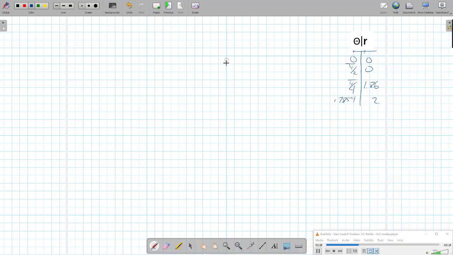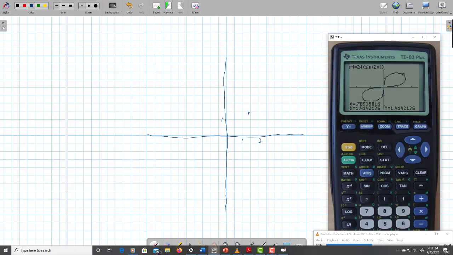So if I do the same thing as before, this is 1, this is 2, so 1.4 is about right there. So 1.4, 1.4, this is 1. It's about right there. I believe that's the far edge of the flower petal.